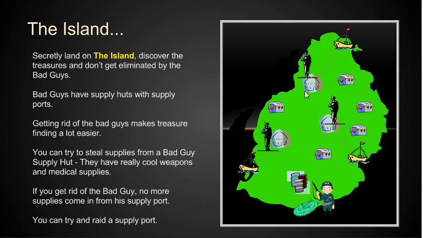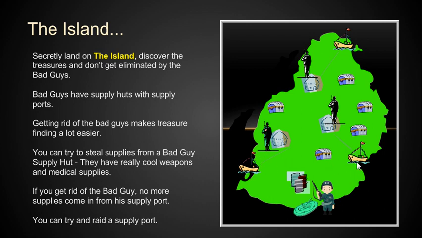However, you can try and steal supplies from a bad guy's supply hut. They have really cool weapons there, and they also have medical supplies to help you heal from the bad guys shooting at you. If you get rid of a bad guy, no more supplies can come in from his port.